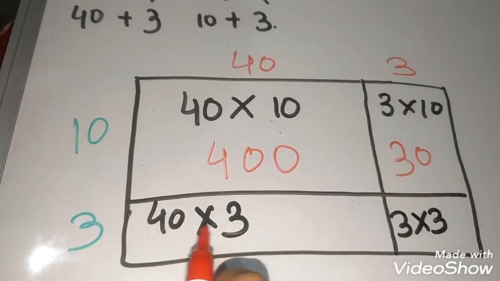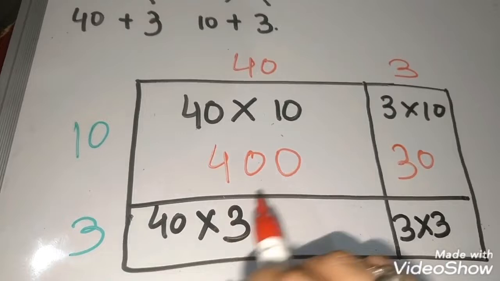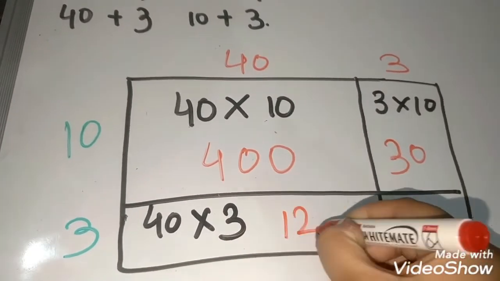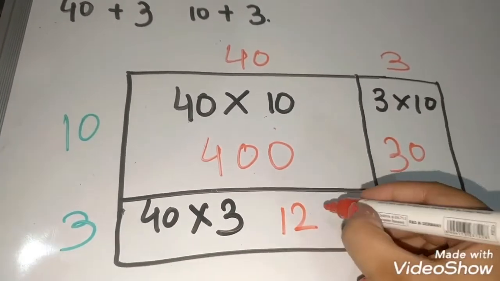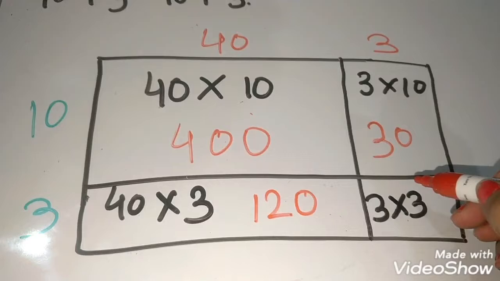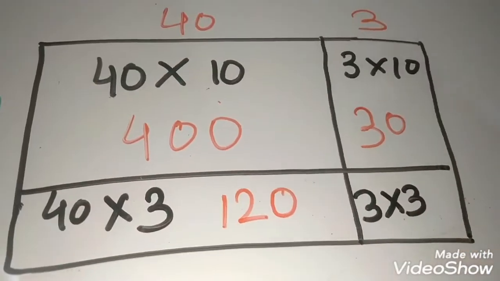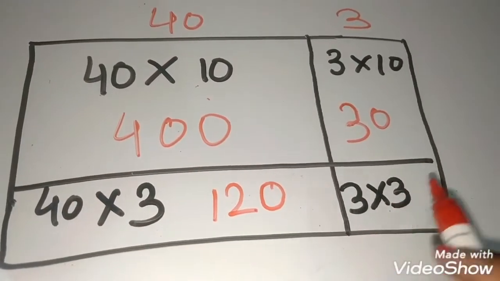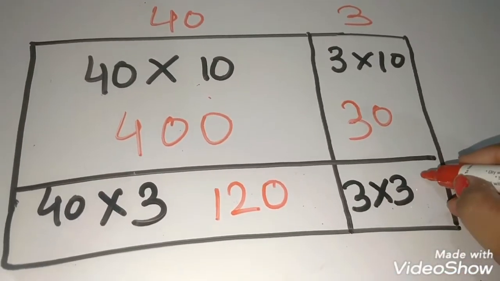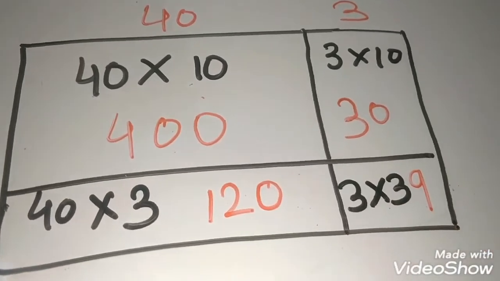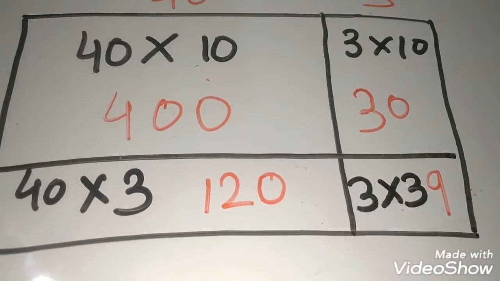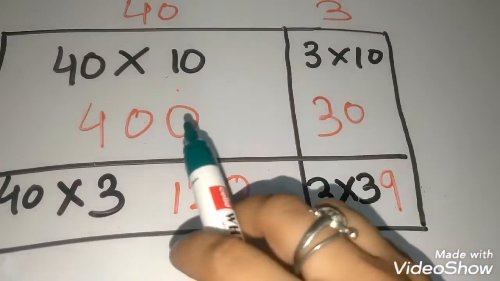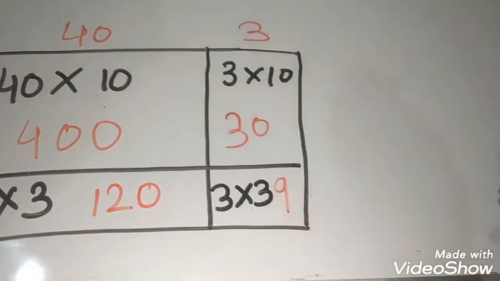40 into 3. 4 threes are 12 and 0. 3 threes are 9. Now you all know what we need to do. We need to add all the 4 numbers.